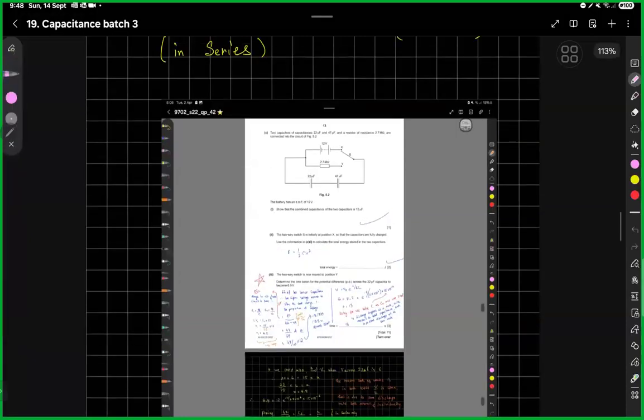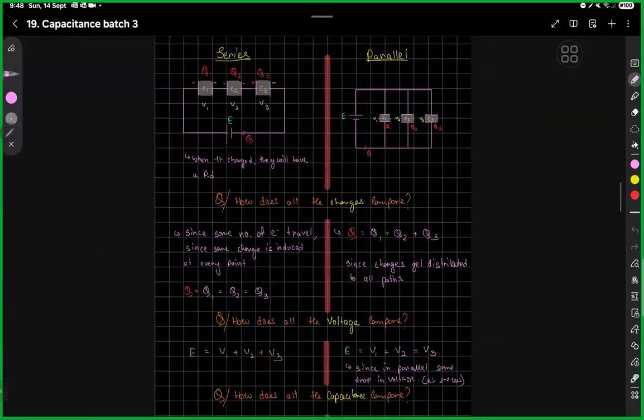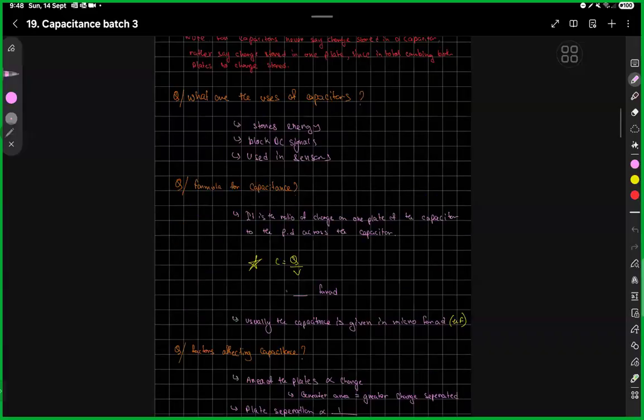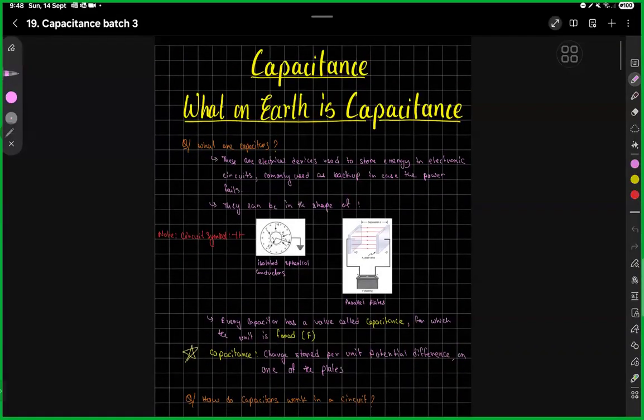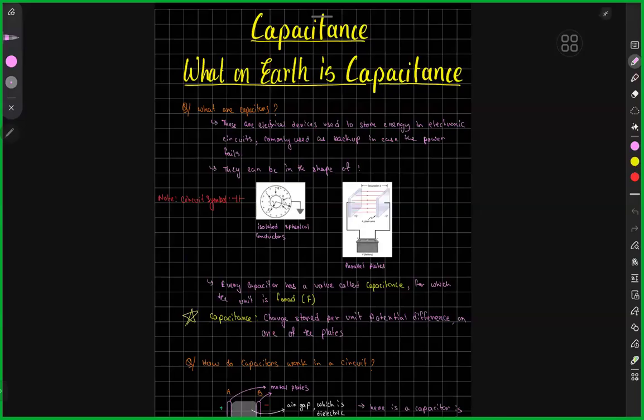Capacitance. This requires quite an extensive understanding of the entire electric fields chapter. The fundamentals of this come from a bit of understanding of electric potential energy and how we have energy.